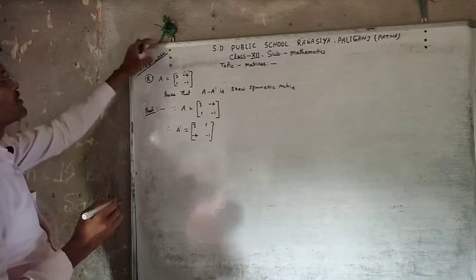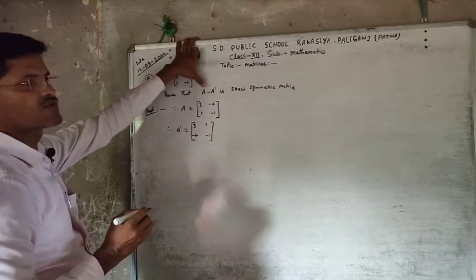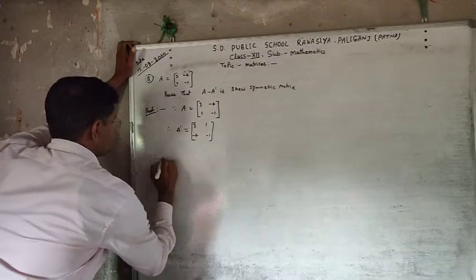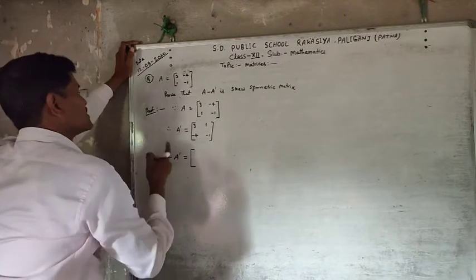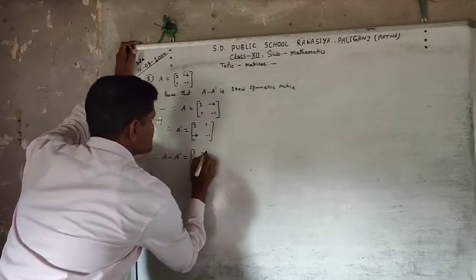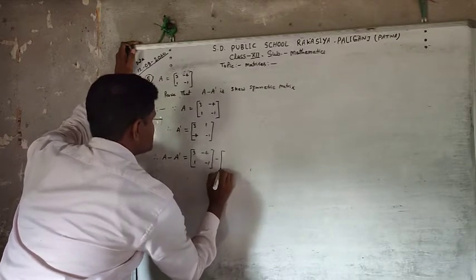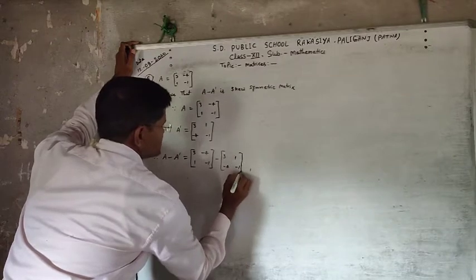Now we can subtract A transpose from matrix A. Therefore, A minus A transpose. Here A is 3, minus 4, 1, minus 1, and A transpose is 3, 1, minus 4, minus 1.